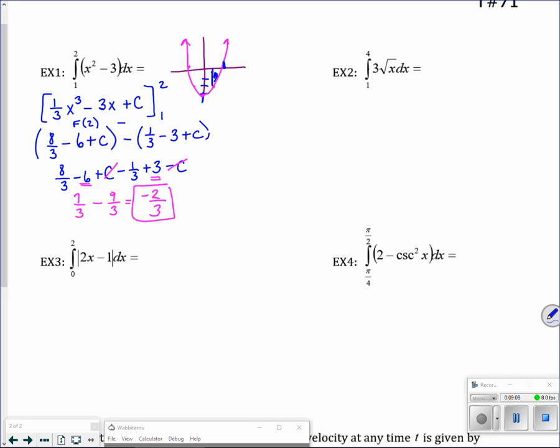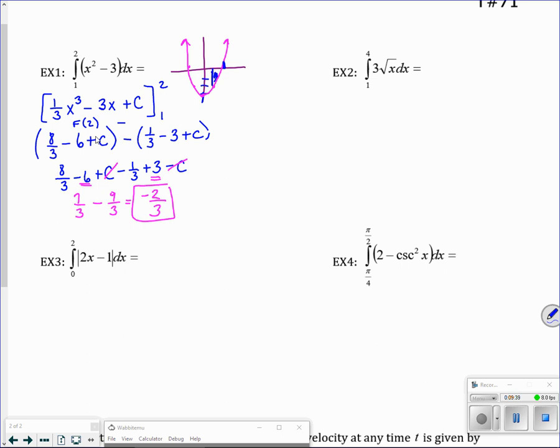Yes, because do you see that I have more area below the x-axis than I do above the x-axis? So again, just because I get a negative number doesn't mean that all of my area is below the x-axis, but between 1 and 2, I have more area under the x-axis than I have over the x-axis. Okay, so let's practice some more with the algebra here.